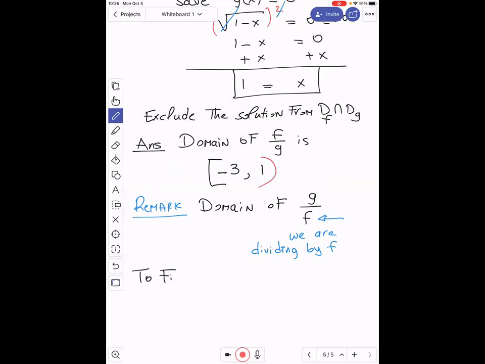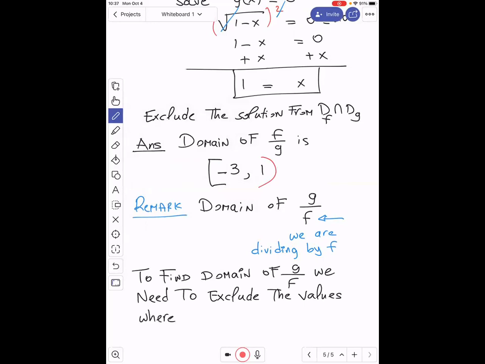We need to exclude the values of x where f of x is 0.